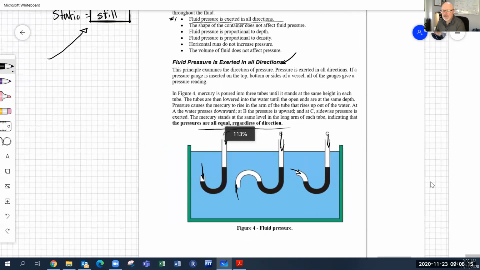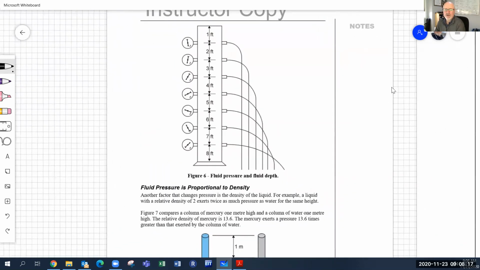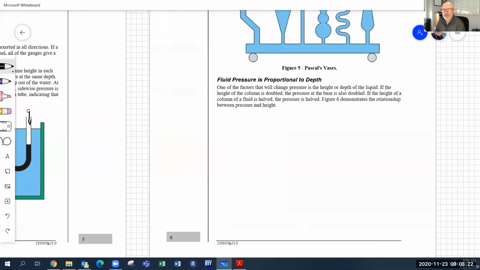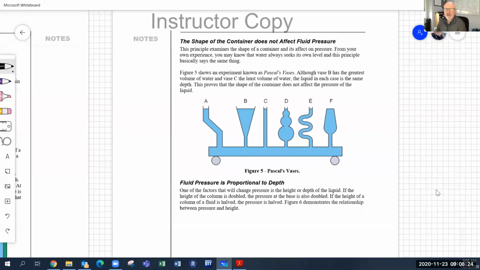The second principle, it's over here on page 6. The shape of the container. This is number 2 here. The shape of the container does not affect the fluid pressure. Now, this experiment down here, this is Pascal's vase. And although vase B has the greatest volume, as you can see, it has more volume in here.